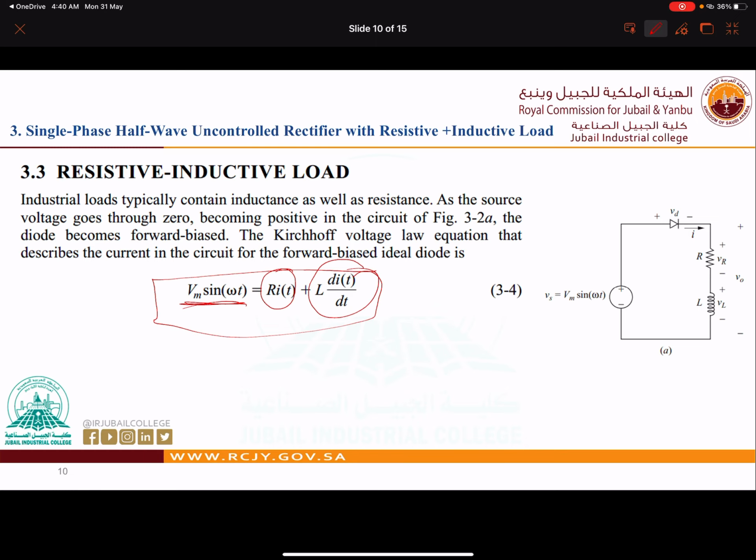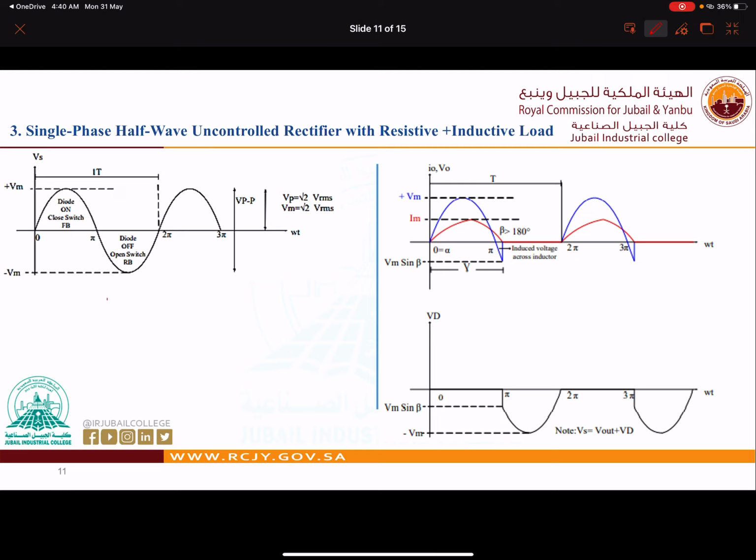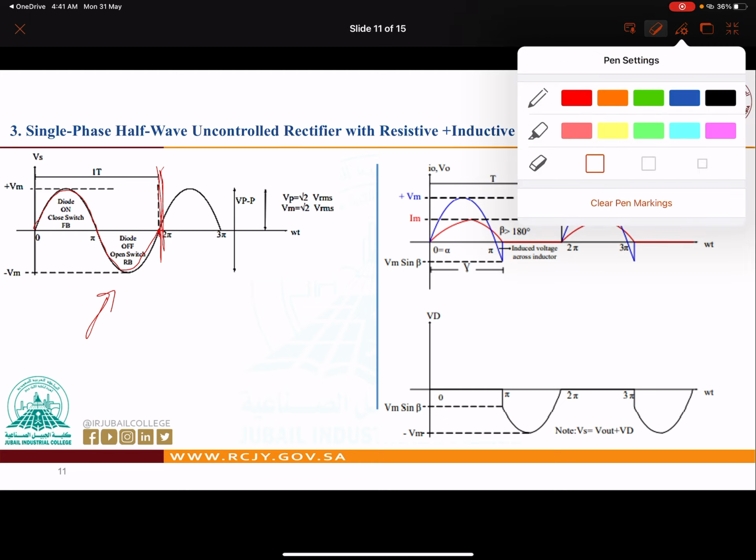So this is our source supply waveform. We have a positive cycle and a negative cycle, positive portion and negative portion, and this is one cycle. Now for the positive cycle of the supply, we will have a positive output voltage here.